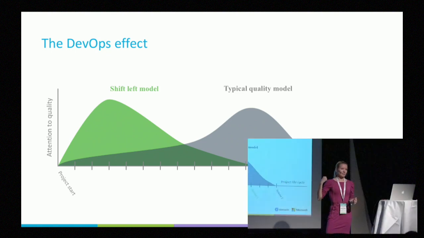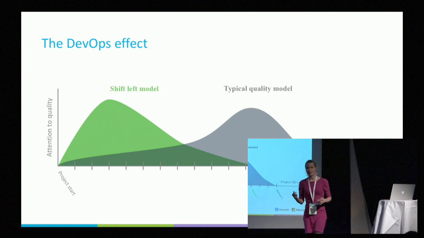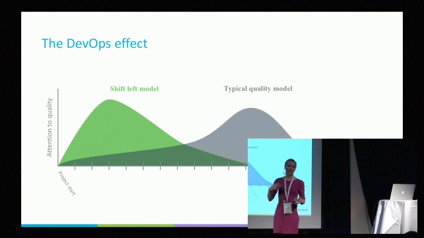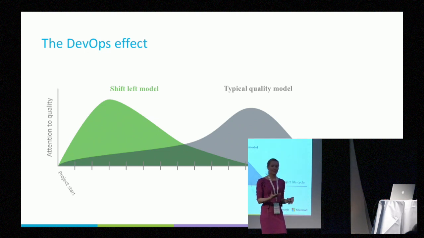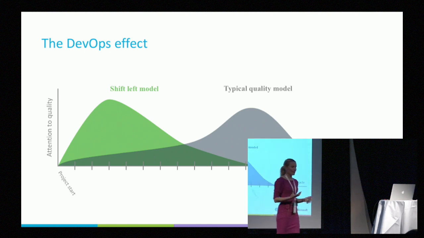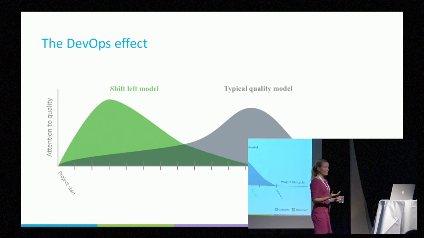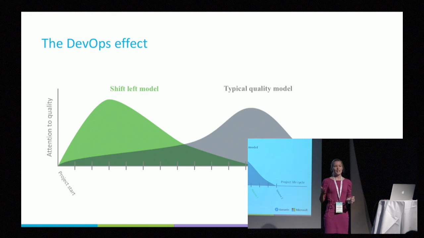The result of this model is that after a lot of testing, you will have to fix all the bugs you found, and you will have to do all the security tests over again, the functional tests, the performance testing, and your release is going to be delayed. The DevOps model makes sure that all the testing, all the quality assurance parts are done right from the start, and you will be able to deliver on time and maybe even before planned.